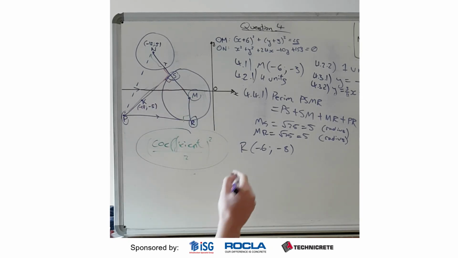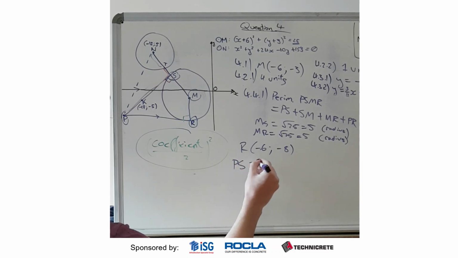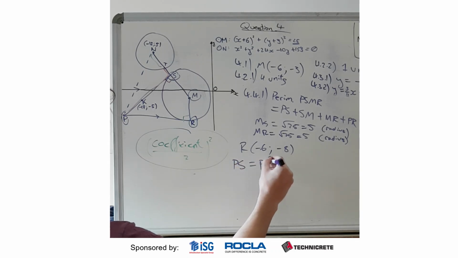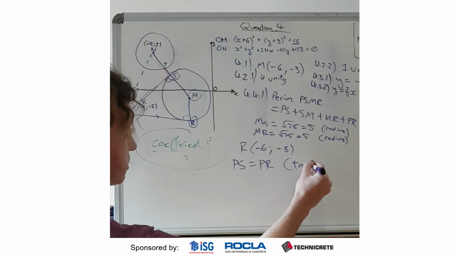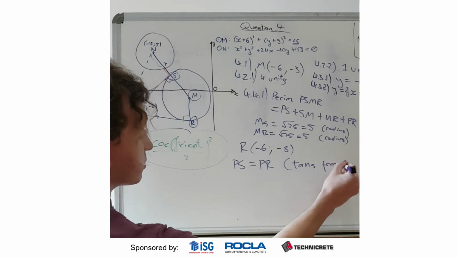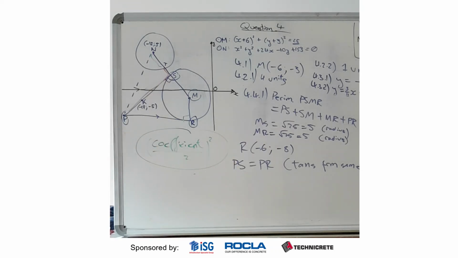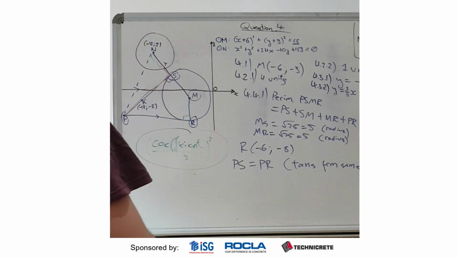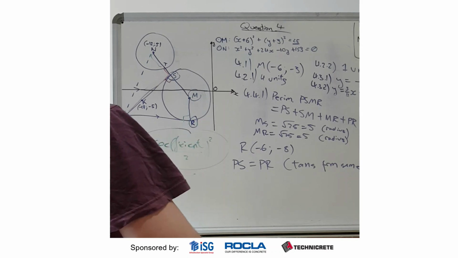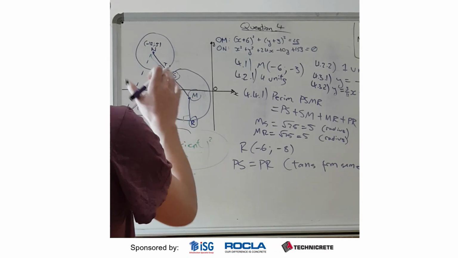Now we know that the length of PS should be the length of PR. Why is that? They are tangents from the same point, tangents of the same circle originating from the same spot. So they are of equal length. So we just need to find the length of one of them.